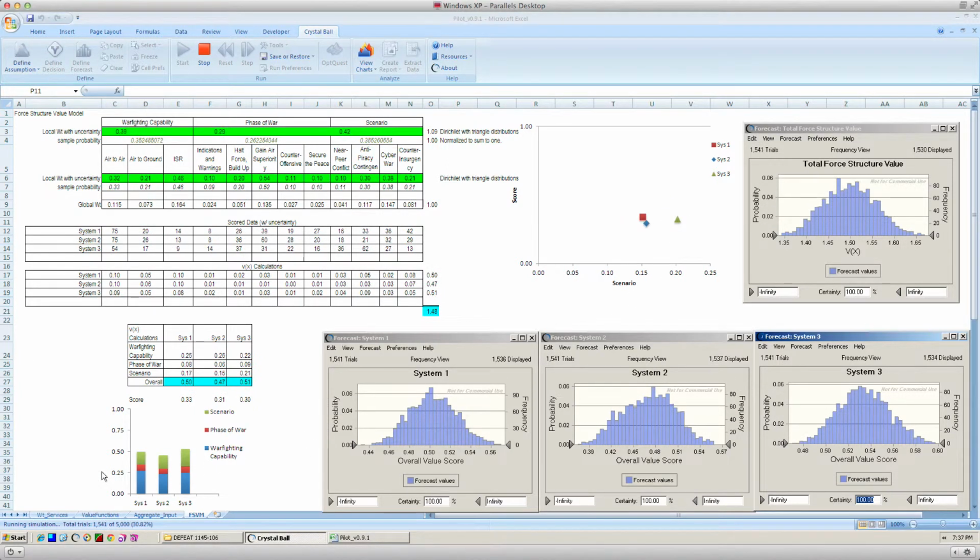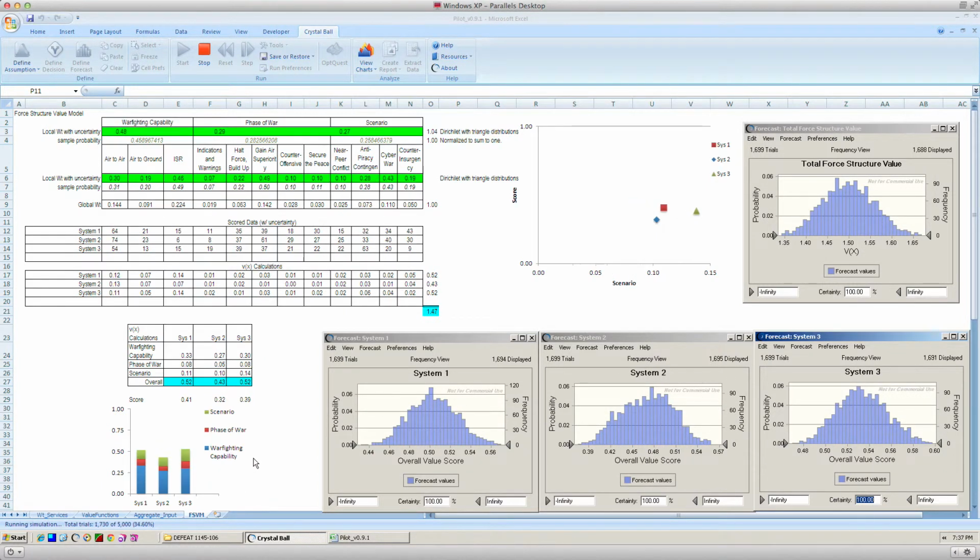And then down here is another view, a typical bar graph that you see in Excel. The idea is that it's not just a simple discrete calculation of value. It's a simulation that's dealing with uncertainty in a couple of dimensions.